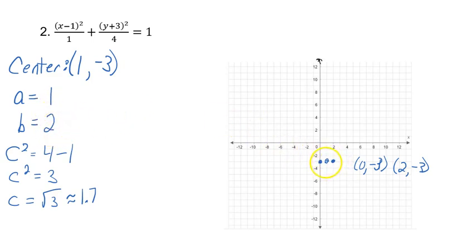Since B is 2, I'm going to go up and down 2 from the center, which is going to put me here at 1, negative 1, and then down here at 1, negative 5. My ellipse this time will be very small.